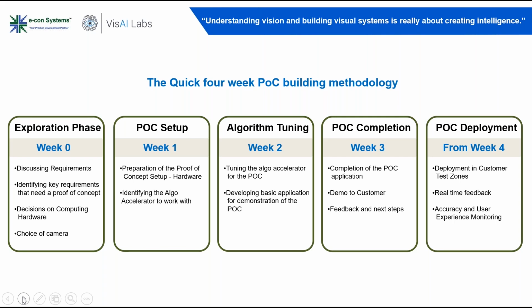Now, the third week is all about tuning the algorithm. I have connected all the pieces together. You have the camera images flowing through your algorithm, there is inference happening, and there are some decisions being made. And now it is about tuning your algorithm. In some cases, we go ahead and retrain the model to include new objects and things like that, to achieve the level of performance that we want.